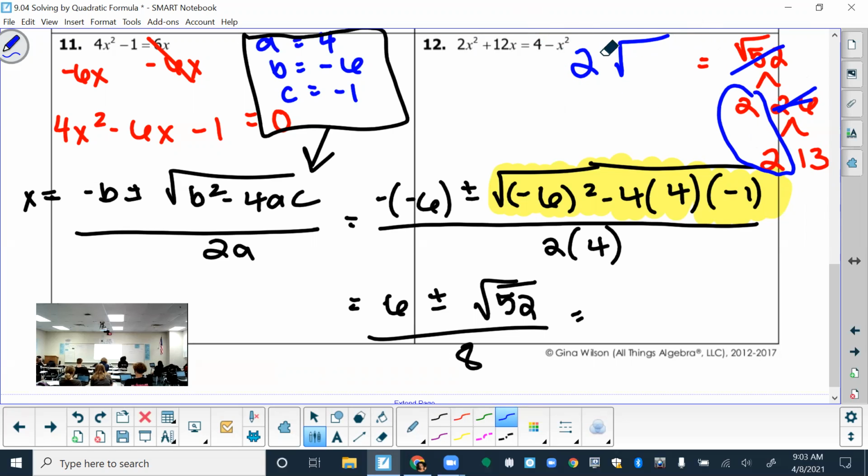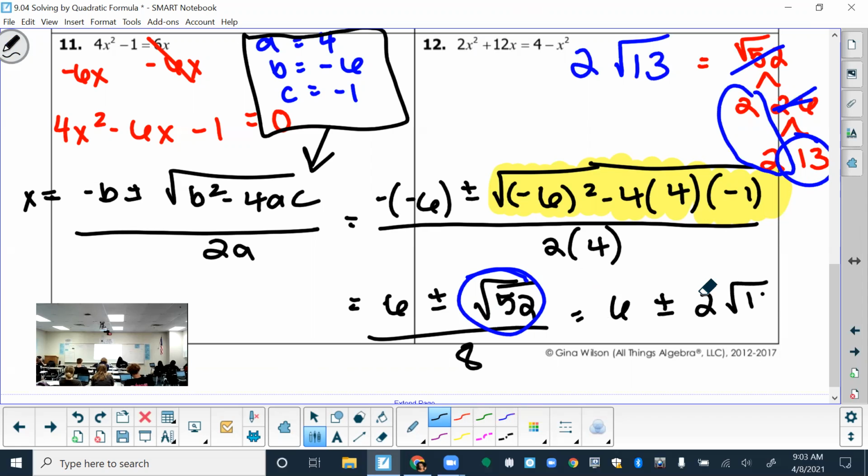What number stays on the inside? 13. All right, because they don't have a partner, but they're also prime, so they don't get to escape. All right, so I'm just going to replace that radical 52 with our new simplified radical, 2 radical 13, all over 8.